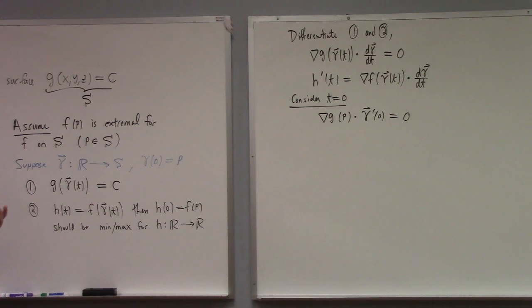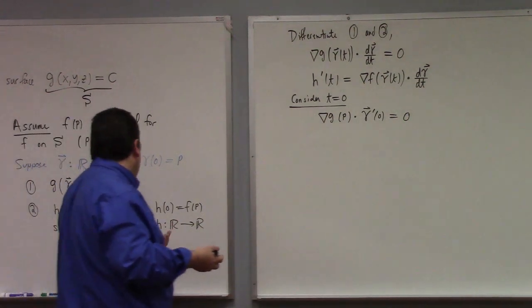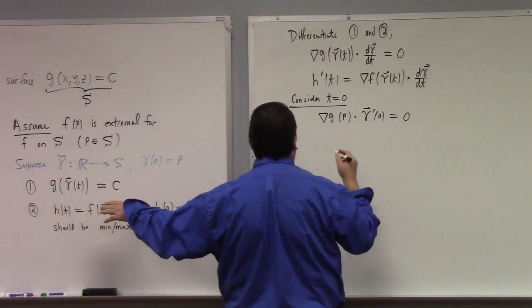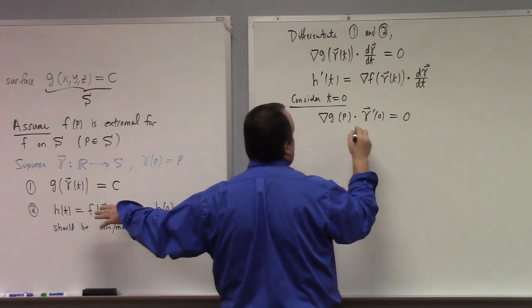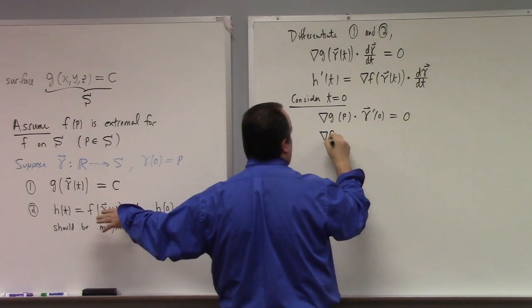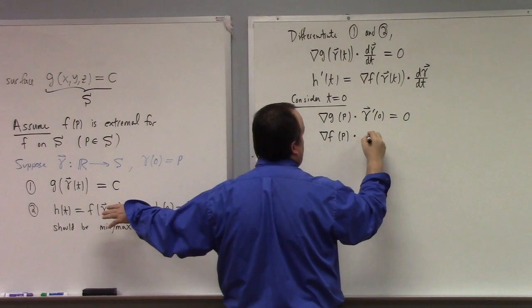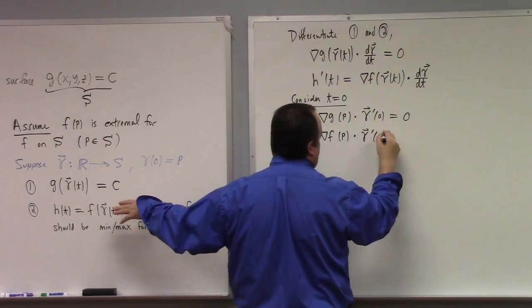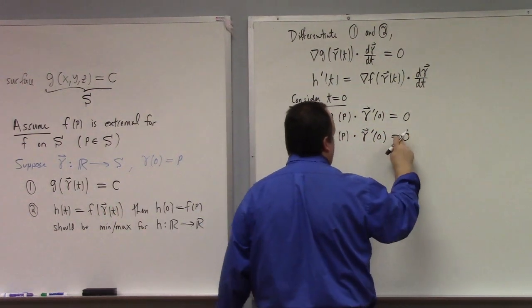What can you guys tell me about h prime of 0? Since h of 0 is a local max or min, remember? We just talked about it. Fermat's theorem: it has to be derivative 0. So at time 0, we have h prime of 0, which says that the gradient of f at P dotted with gamma prime of 0 is equal to 0.